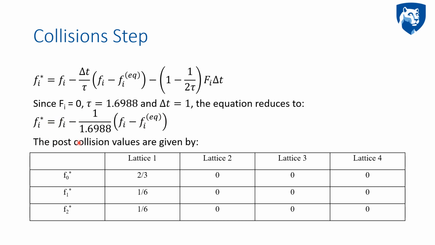So we have the post-collision values as follows, and we will notice that this is the exact same value as the previous distribution functions, because we have the same value of fi and f equilibrium.